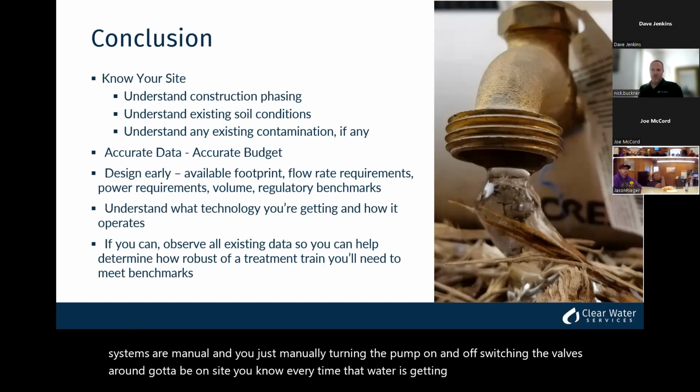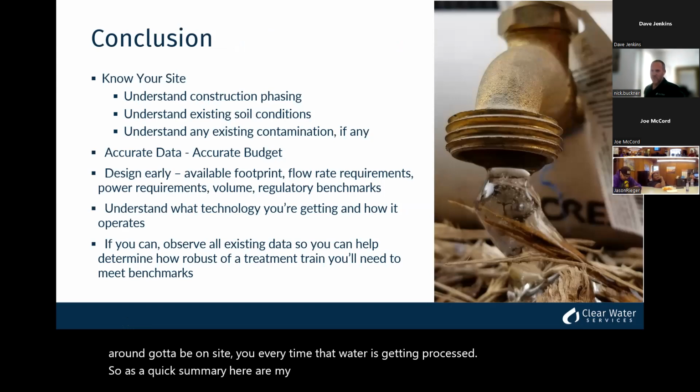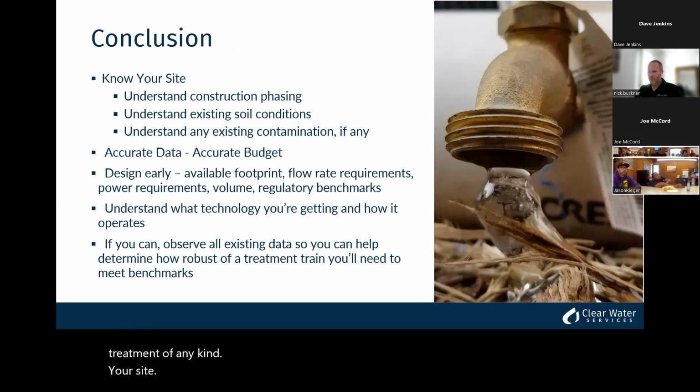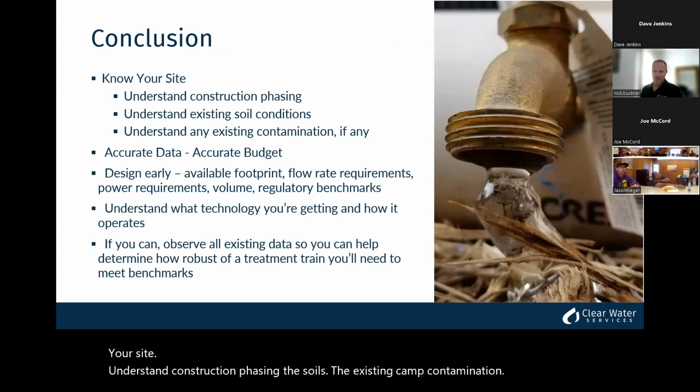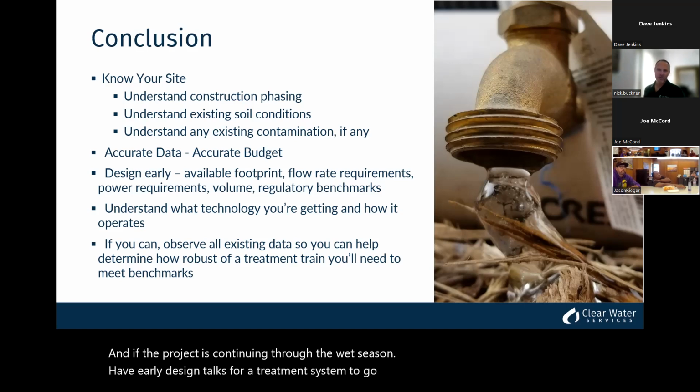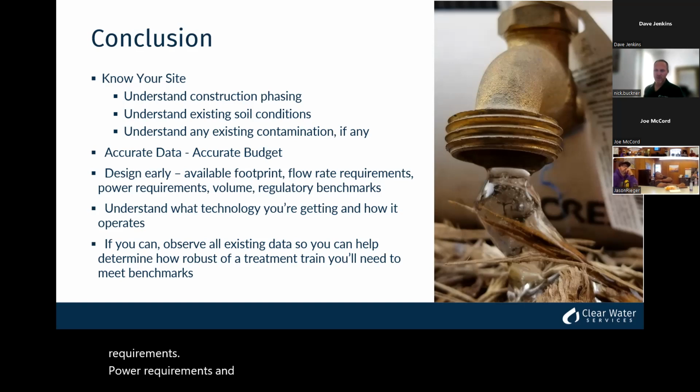So as a quick summary, here are my initial thoughts. If you think you're going to need active treatment of any kind, know your site, understand construction phasing, the soils, the existing contamination, and if the project is continuing through the wet season. Have early design talks for a treatment system to go over the footprint, flow rate requirements, power requirements, and what benchmarks you want to hit.